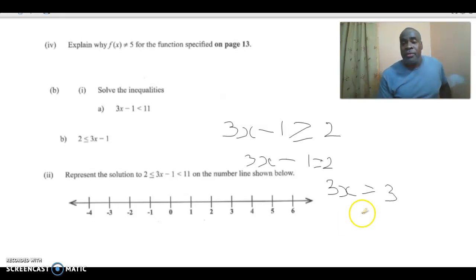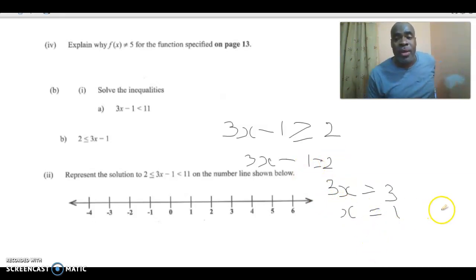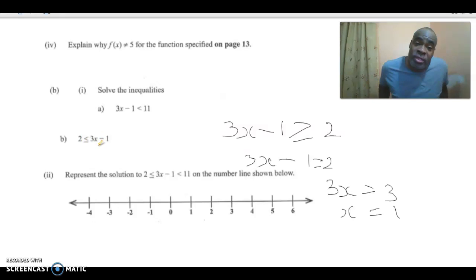So therefore, x is equal to 1. Alright, x can be equal to 1. Good, x can be equal to 1 because 3 times 1 is 3, minus 1 is 2, and the expression will be true that 2 is equal to 2.